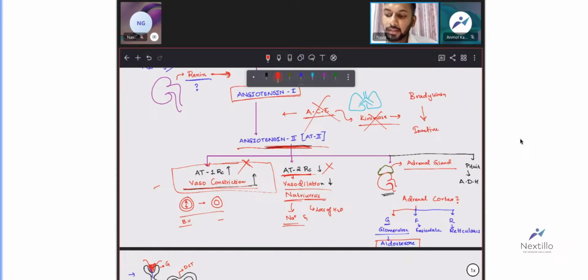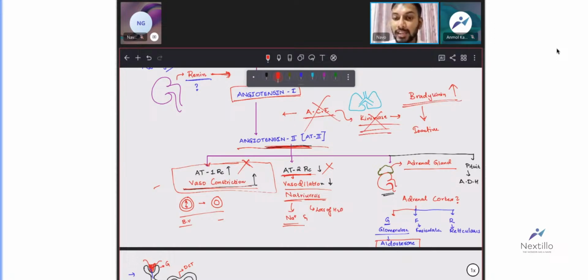Now, if you are blocking kininase, there are increased bradykinin levels. Bradykinin is a potent vasodilator, and its activity is very important to us during heart failure. Why? Because bradykinin is causing vasodilation. So in comparison with ARBs, ACE inhibitors are better in heart failure.